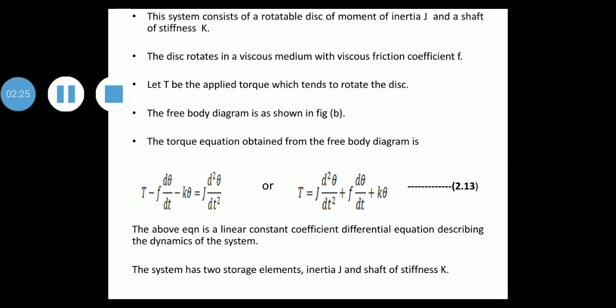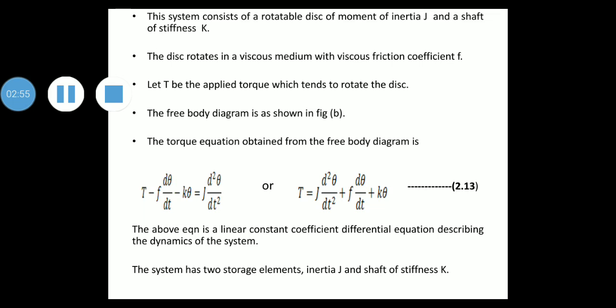The torque equation obtained from the free body diagram is T minus F d theta by dt minus K theta equals J d square theta by dt square. Or we can write T equals J d square theta by dt square plus F d theta by dt plus K theta.